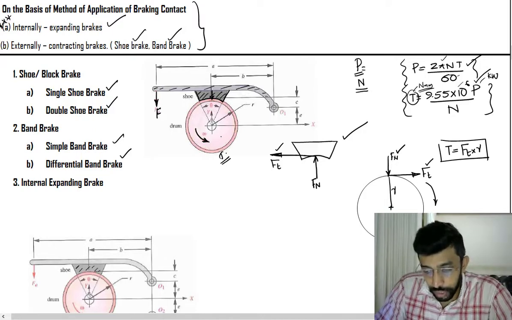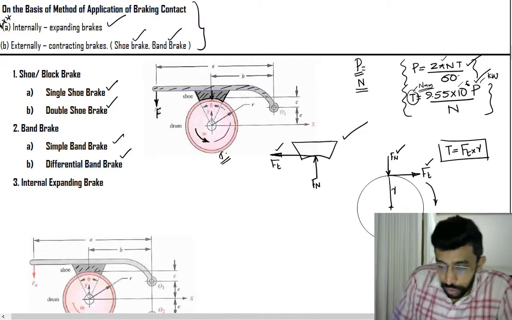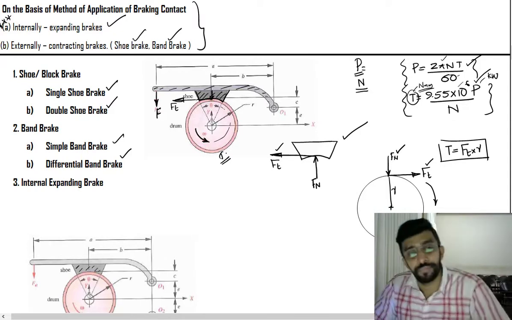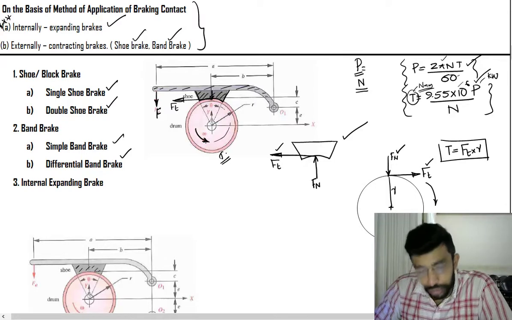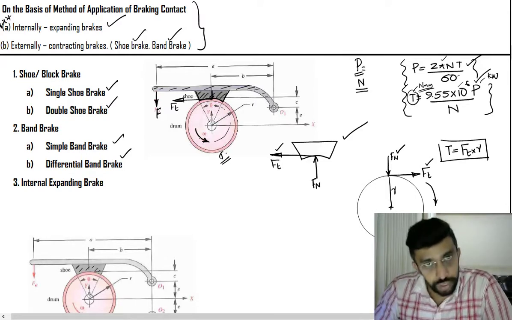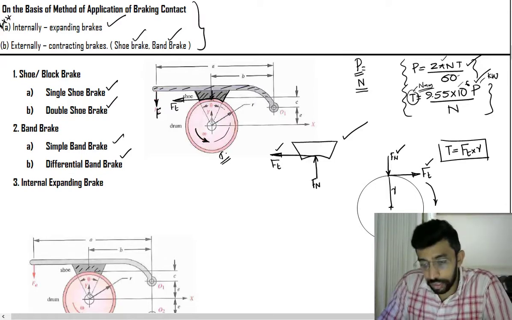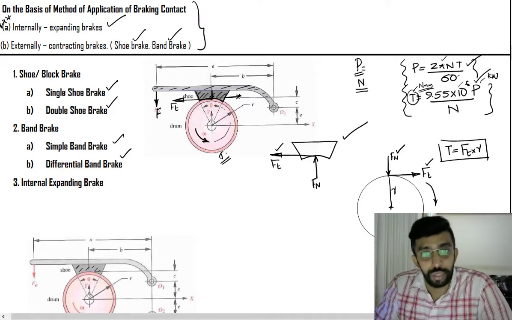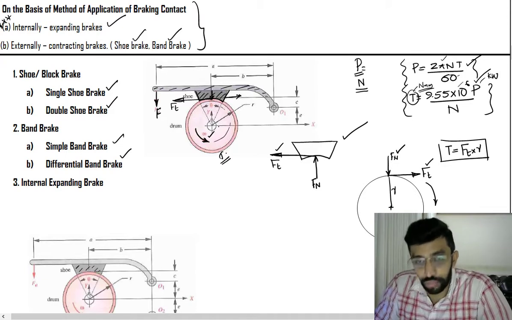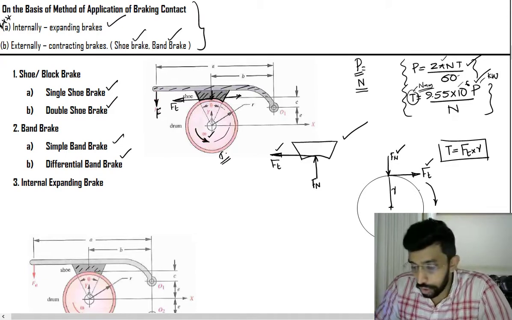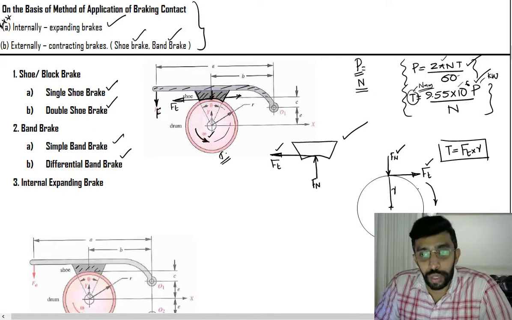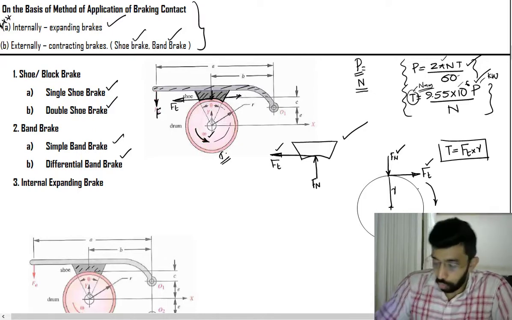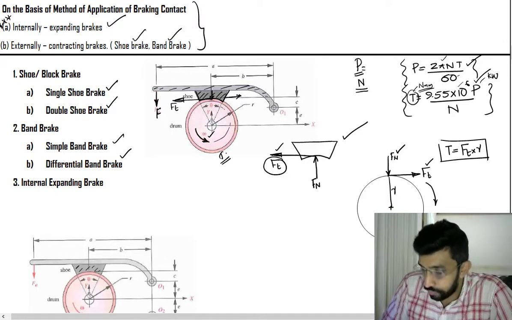It is having an anti-clockwise turn, and if you bring that anti-clockwise direction here, we can say that this is the direction of Ft. And if it is rotating in the clockwise direction, we can say that the tangential force acting on the brake shoe is in this direction. So it's purely based upon the direction of the brake drum, and this is how the forces on the brake shoe and the brake drum will look. Now, what is the value of this Ft?